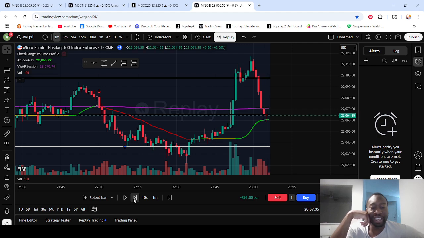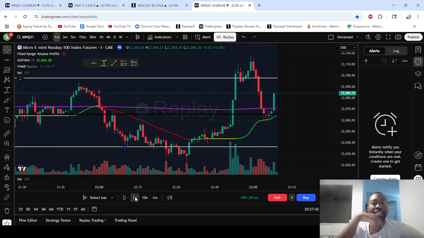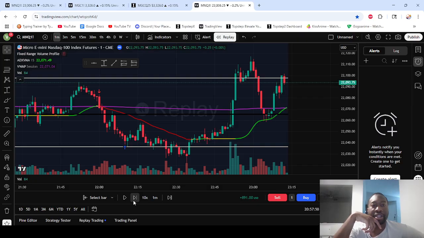But again, this is part of trading ranges is that you just don't know how it's going to go until it happens. But it's about positioning yourself correctly in order to maximize probability, right? So I would like to see another high volume rejection here. We could be heading higher.